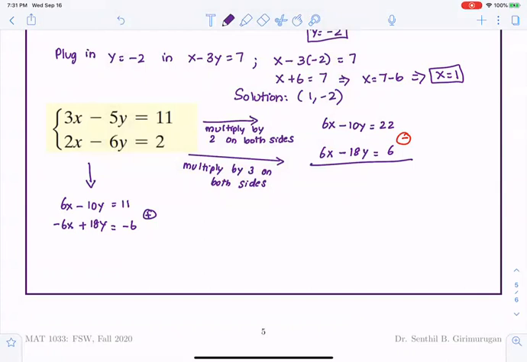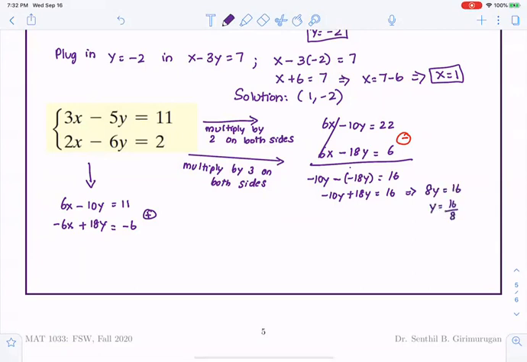If I subtract, 6x and 6x would go away, negative 10y minus of minus 18y, and 22 minus 6 is 16. So we'd end up having negative 10y plus 18y equals 16. 8y would be equal to 16. y is 16 over 8. So y would be 2.